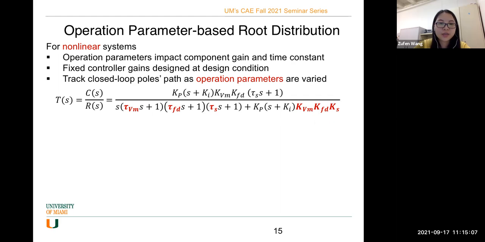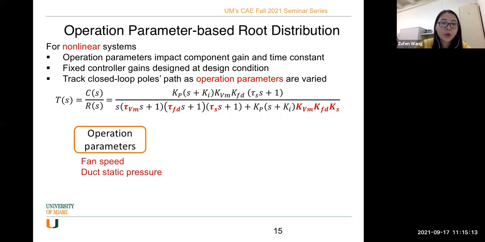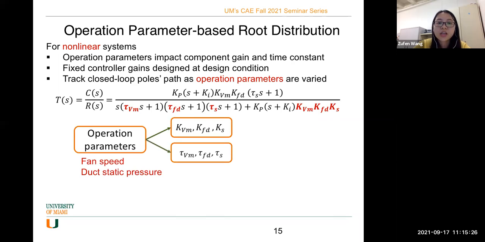So here, take the fan speed control system as an example. This is the closed loop transfer function, with the variable operation parameters being fan speed and static pressure. Under each operation condition, we can derive the component gain and time constant.